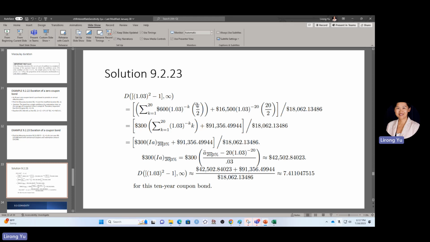The time is divided by 2 because it's a semi-annual payment. Total present value is this.